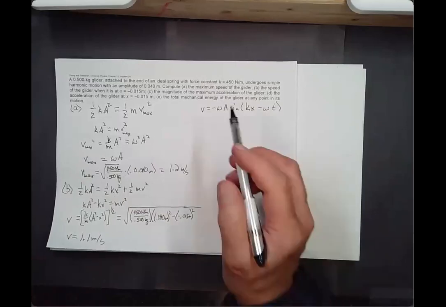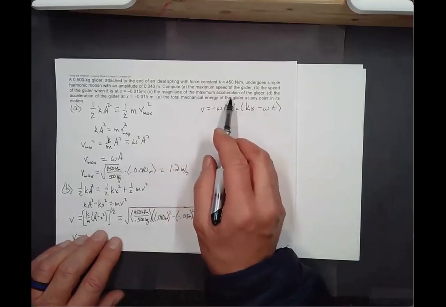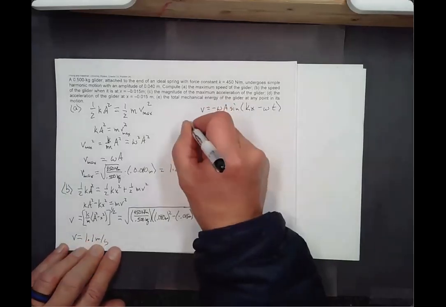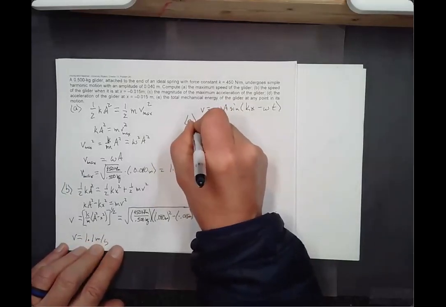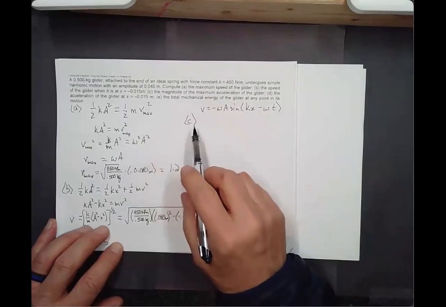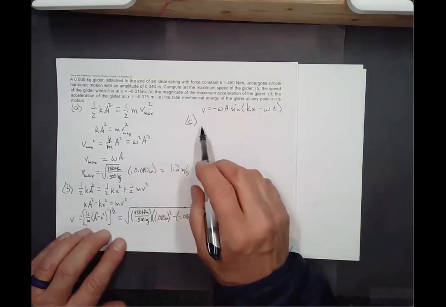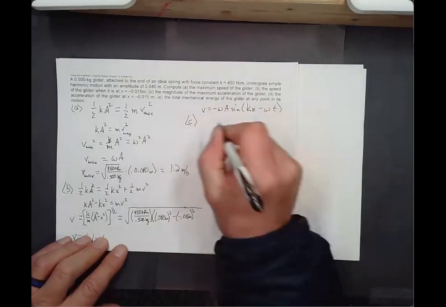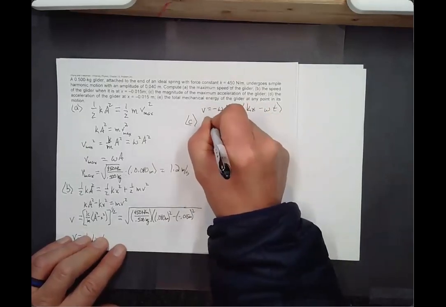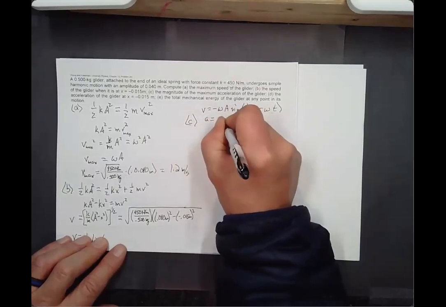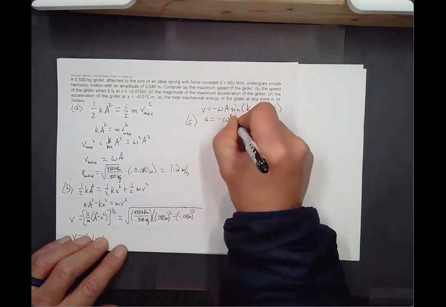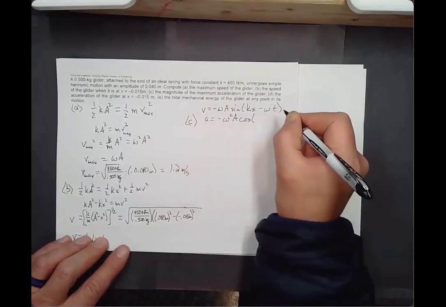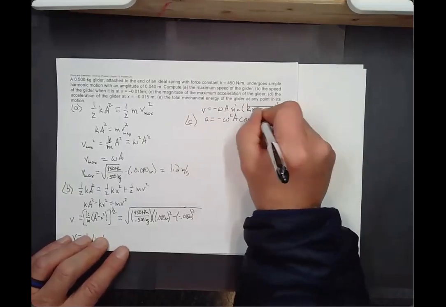All right. Another question, the magnitude of the maximum acceleration of the glider. I'm going to do that the easy way. Let me show you what that'll be. If I take the time derivative of this, I would get the acceleration is minus omega squared a cosine of, whoa, this isn't right.